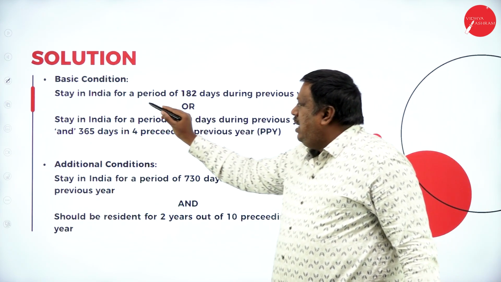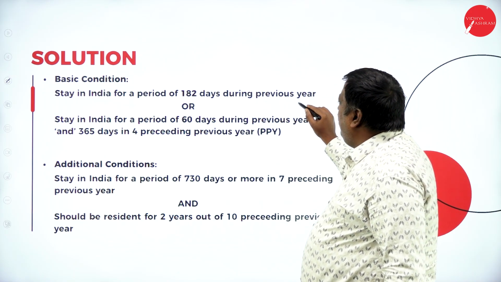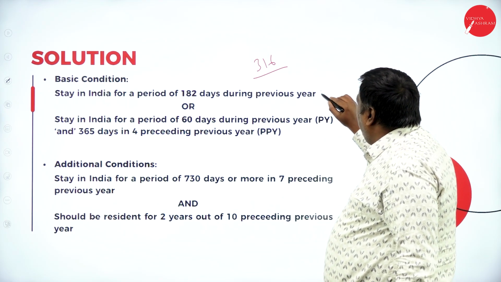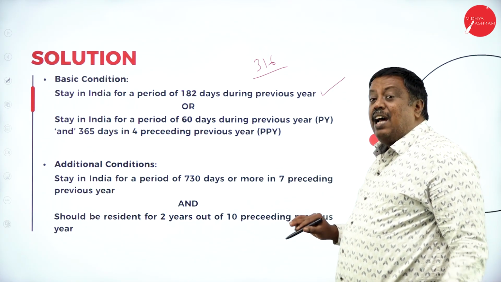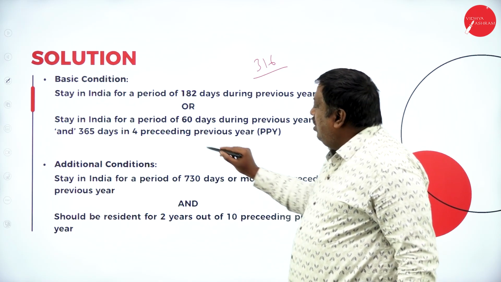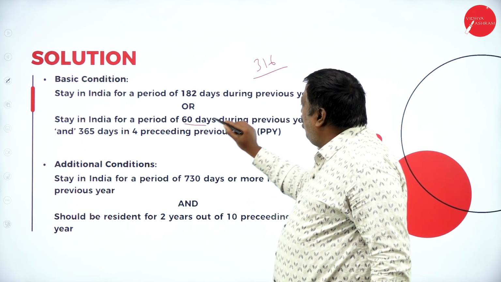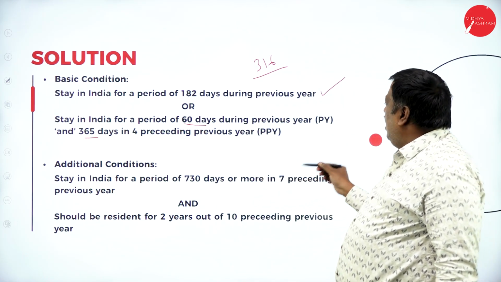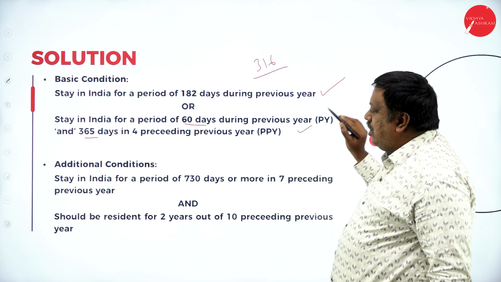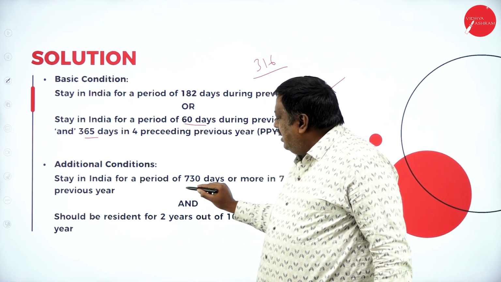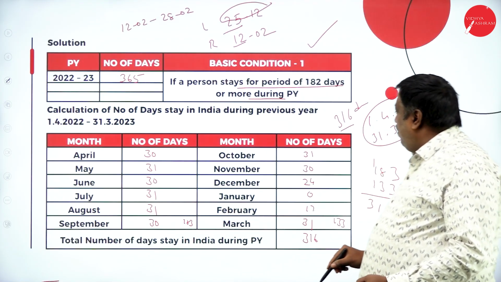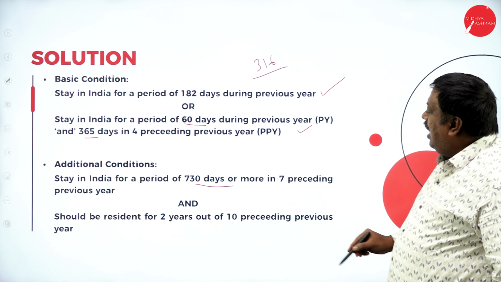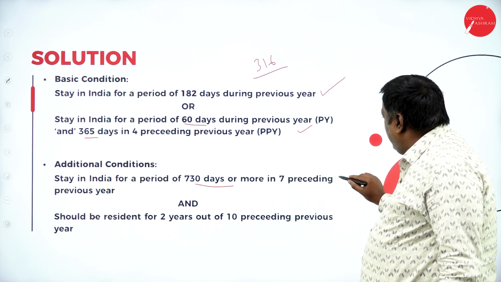So my stay in India for a period of 182 days or more during previous year: I've stayed in India 316 days, so I've satisfied my first basic condition. I left India for the first time, so during previous year it is above 60, so I've satisfied, and 365 days I was in India, so I've satisfied my basic condition. And additional condition 730 days, as I said, 7 years I was in India, so automatically I've satisfied my first additional condition.